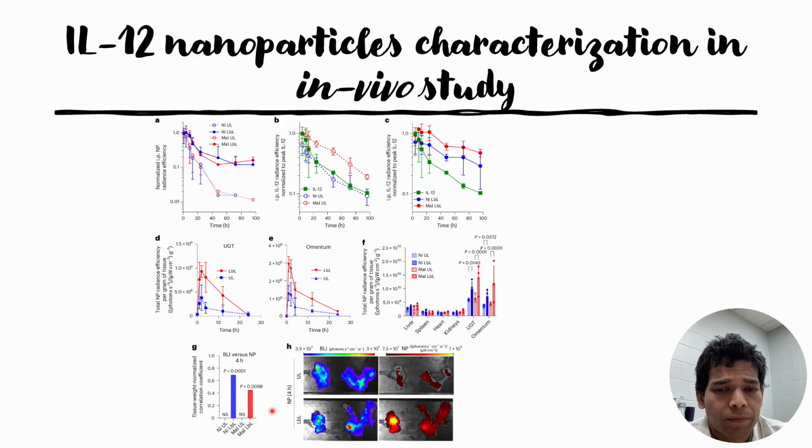One of the representative images is shown in panel H, where we can see that for the unlayered nanoparticles the overlap is not 100%, or we can see that the presence of these unlayered nanoparticles is not at all the sites, whereas for the layer by layer nanoparticles, the overlap seems to be almost close to 100% in this representative image.